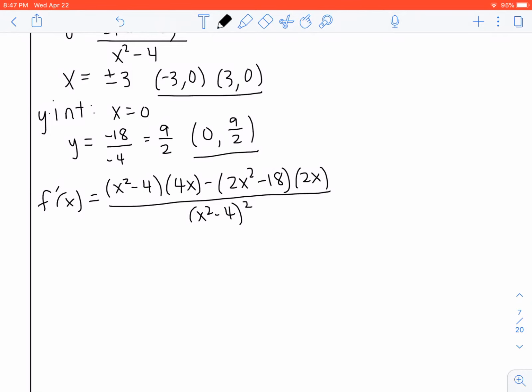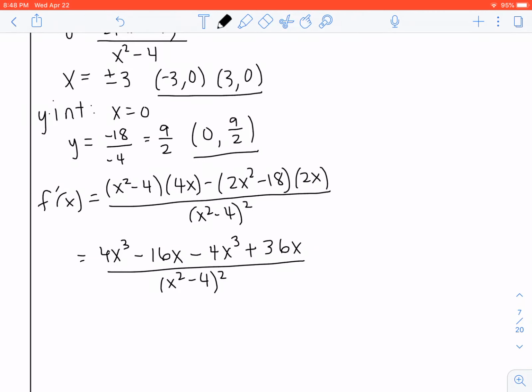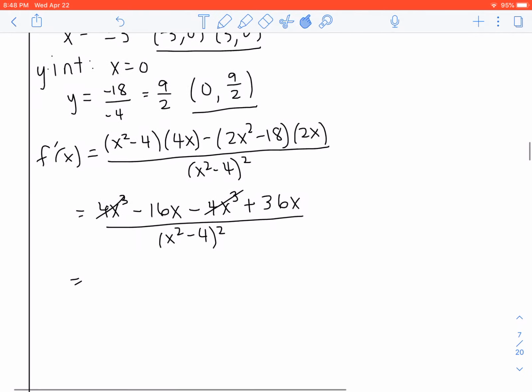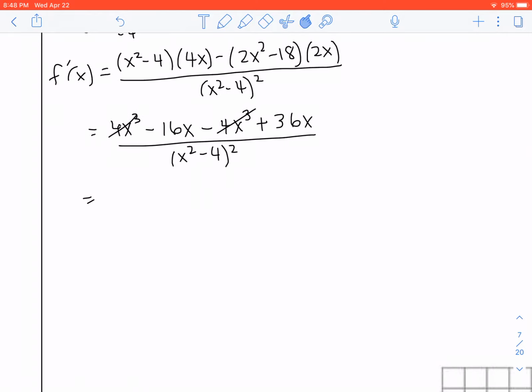From here, I will multiply this all out, and we end up with 4x to the third minus 16x, and then minus 4x to the third plus 36x, all over x squared minus 4 squared, which again is going to simplify, so keep simplifying this, makes it easier to find our critical values.